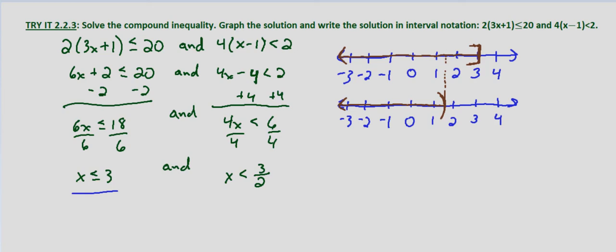So our graph is just going to end up being that second part of our inequality, because anything that's in x is less than 3/2 is also part of x is less than or equal to 3.